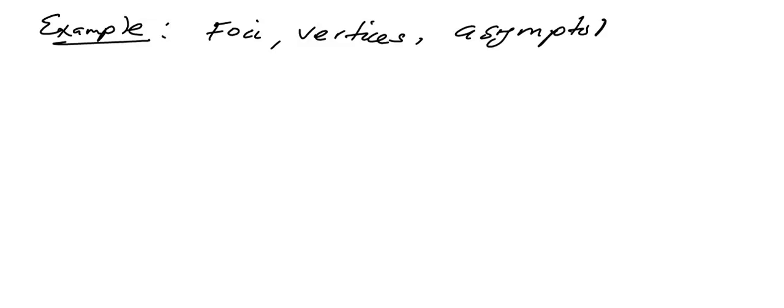They're saying find the foci, vertices, and asymptote of the following hyperbolas and sketch the graph. So we're trying to find the foci, the vertices, because it's plural. Then we have asymptotes. Then we should be able to sketch the graph.